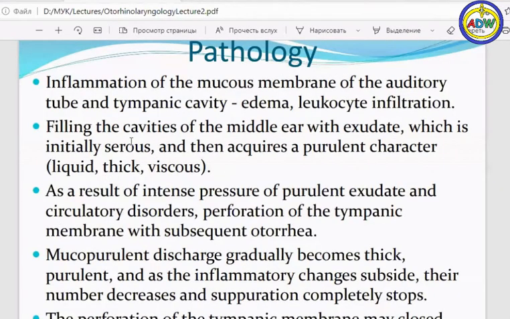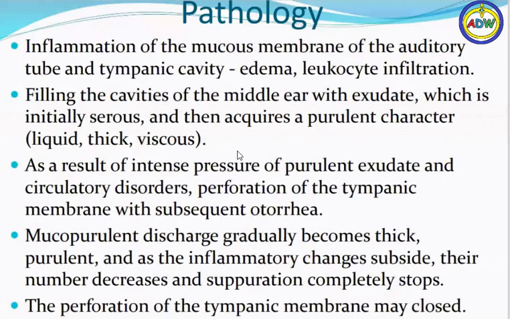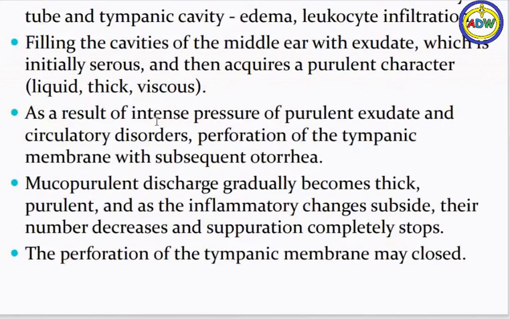Maybe it is only serous and has no pus. The pus can be liquid, thick, viscous. As a result of intense pressure of purulent exudate and circulatory disorders, perforation of the tympanic membrane occurs with subsequent otorrhea.